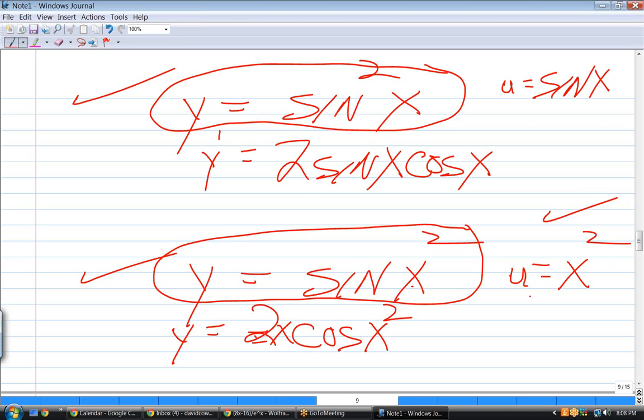So figuring out what that inside is not always easy. If I have e to the square root of x plus 1, well, you know the inside is that, because you know how to take the derivative of e to the u.